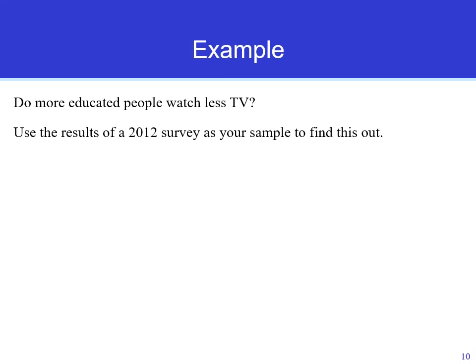The first one is the level of education, which is actually years of education. So 12 means that a person has been to school for 12 years. The next variable is the hours of TV watched. We are going to use these data to find the relationship between these two, whether the more educated people watch less TV or not.